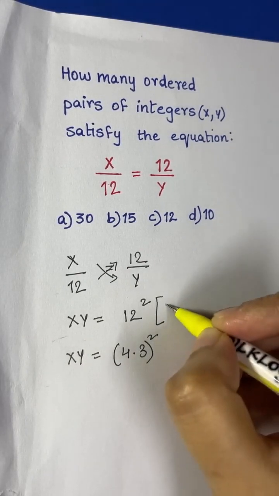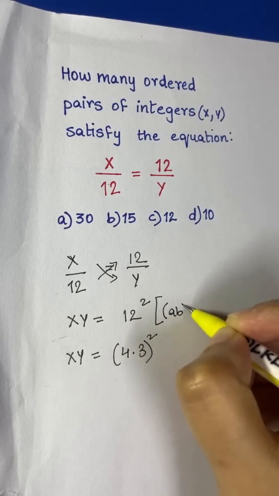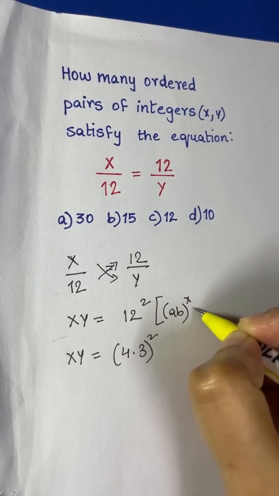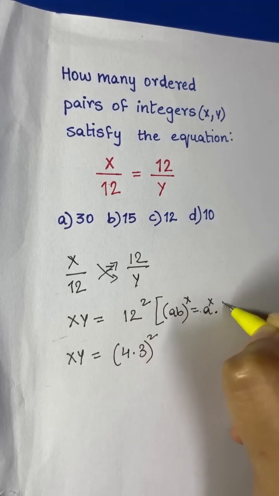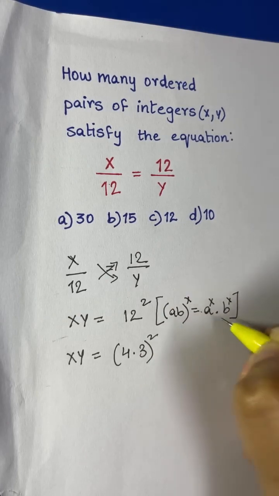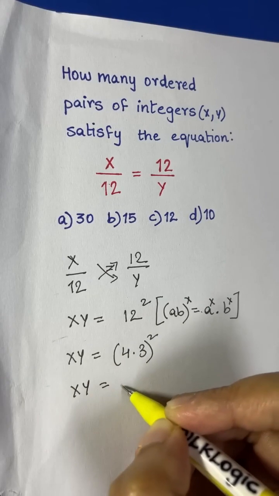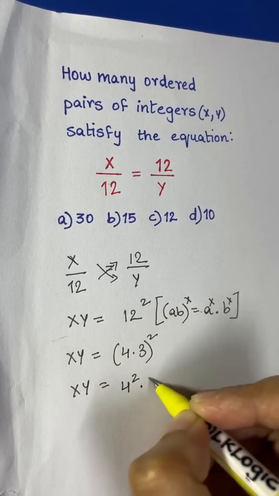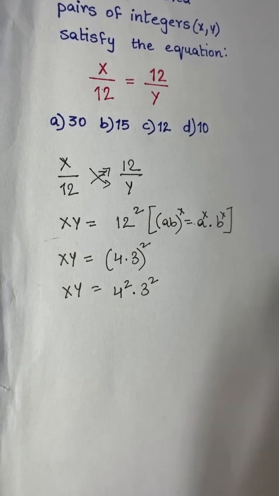And now, what do we have? This is in terms of (ab) to the power of x, which can be written as a to the power of x times b to the power of x. So let's split it. xy is equal to 4 squared times 3 squared. Now what is 4 squared?